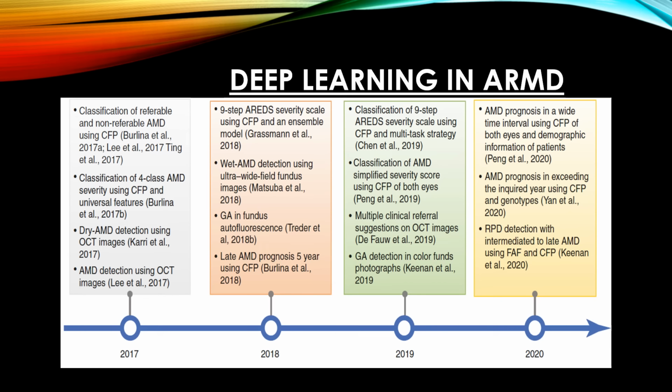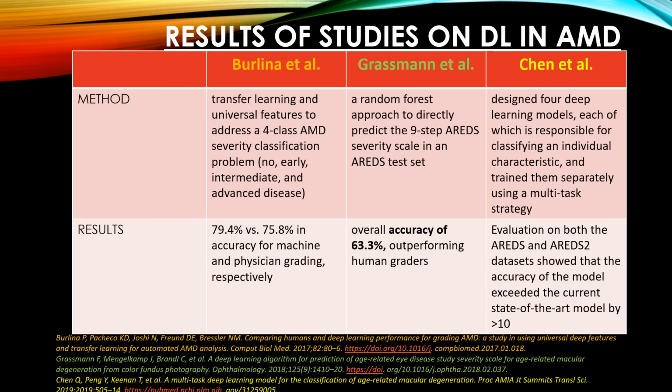Over the years, especially recently, we are seeing that a number of studies have come up. So this is very important. Here are the results of the studies of deep learning in AMD. In the study by Burlina et al. of a 4-class AMD severity classification, accuracy was 79.4% versus 75.8% for machine and physician grading respectively, so we see that machine grading was superior.